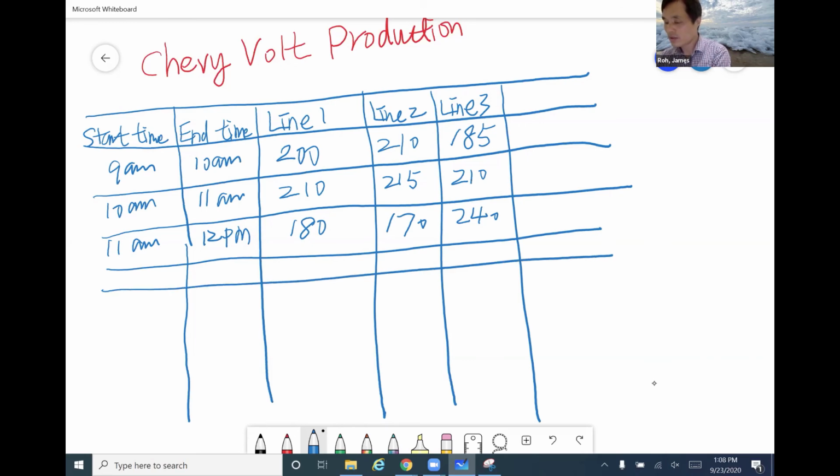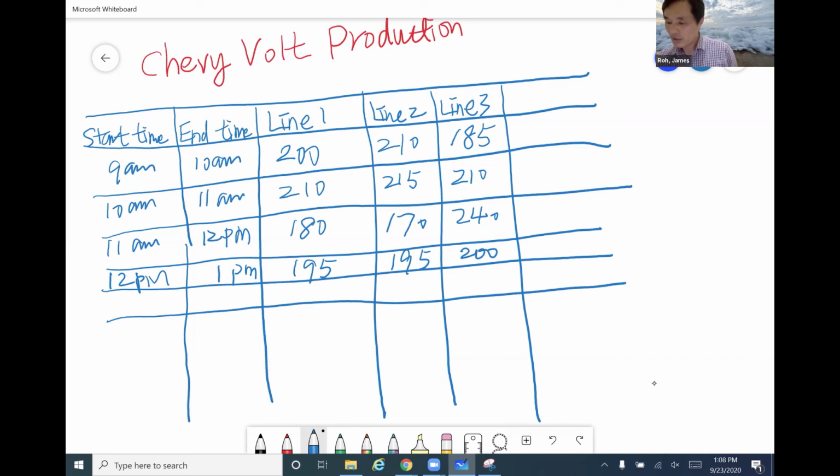And 12 p.m. to 1 p.m., you did the same thing and you found it's 195 here and 195 here and 200 for line 3, and 1 p.m. to 2 p.m.